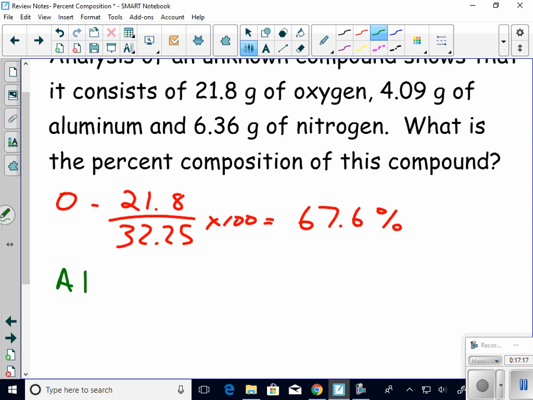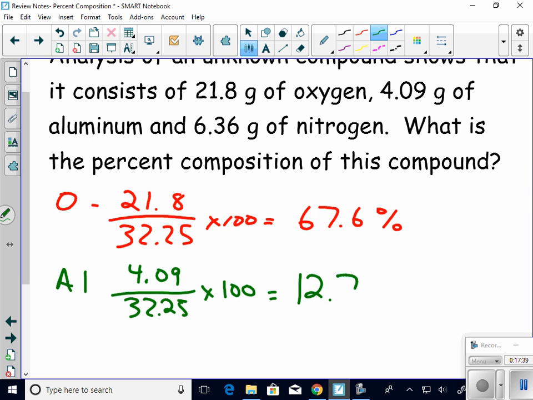Aluminum, 4.09 of the 32.25. That gives 12.7% aluminum.